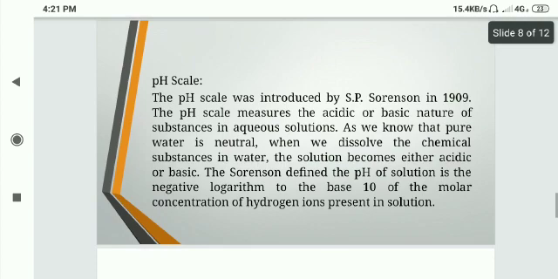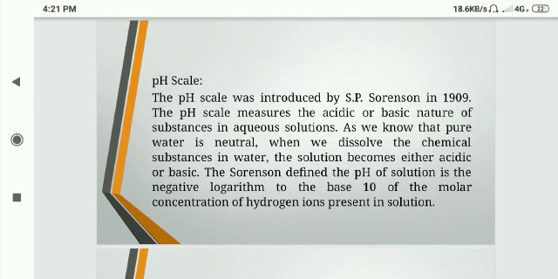Now, what is meant by pH scale? The pH scale was introduced by S.P. Sorensen in 1909. The pH scale measures the acidic or basic nature of substances in aqueous solution. As we know, pure water is neutral. When we dissolve a chemical substance in water, the solution becomes either acidic or basic.